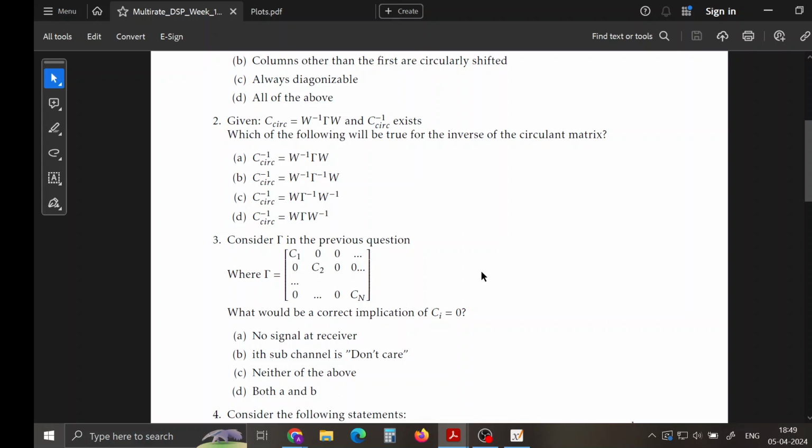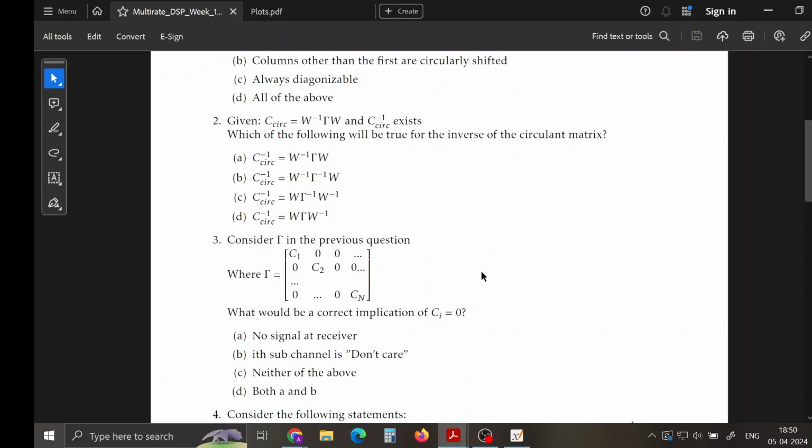That coefficient is 0, which means that, so what happens in OFDM? You break up your entire channel into subchannels, right? So that corresponding ith subchannel is getting 0 gain. So Ci for that ith subchannel is 0, so the channel gain is 0, so the frequency response for that ith subchannel is 0.